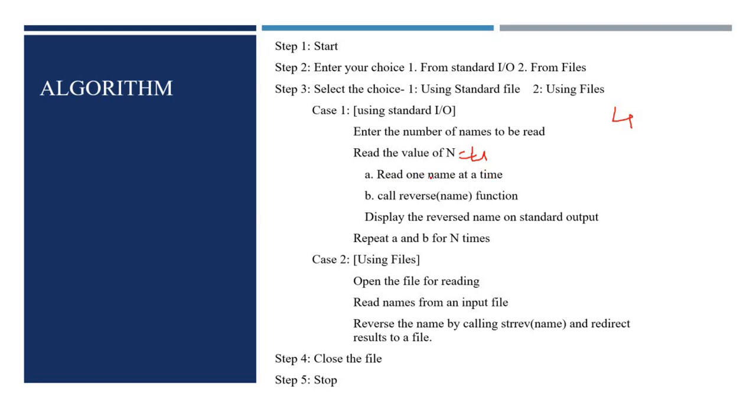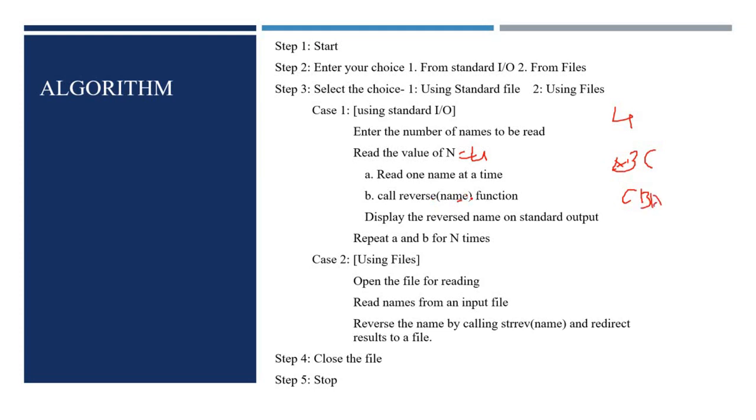Then read one name at a time. Then call the function reverse by passing the first name as a parameter to the reverse function. That means if I give a, b, c, it should be reversed as c, b, a.